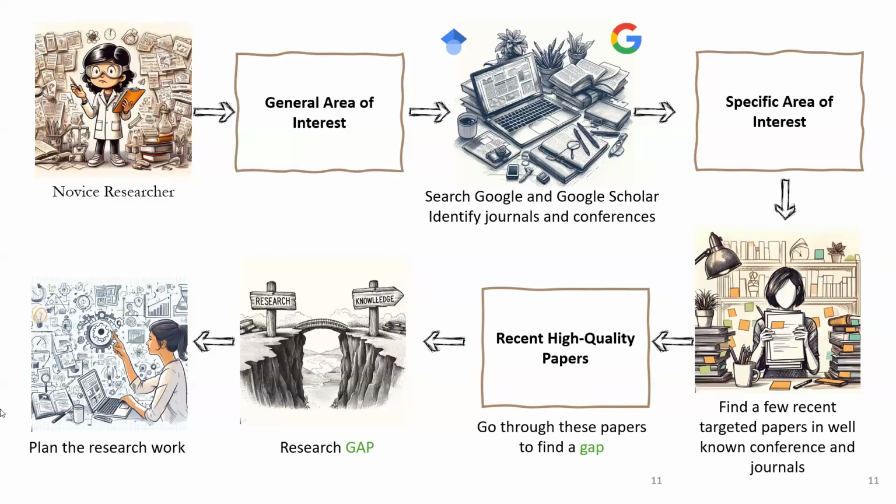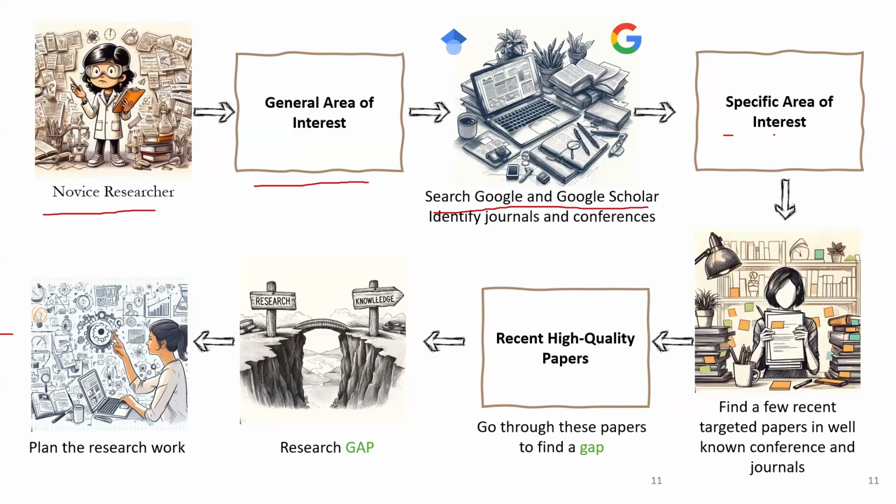So you are a novice researcher and you know a general area of interest. It is possible for you to do a Google search or a Google Scholar search using the general area of interest and the keywords that you know about that area. Now, within a general area of interest, there will be many sub areas.